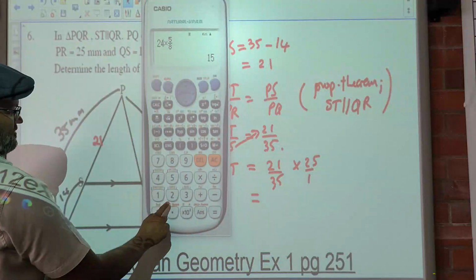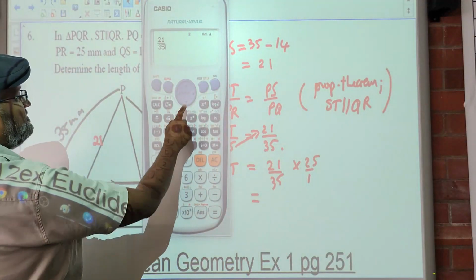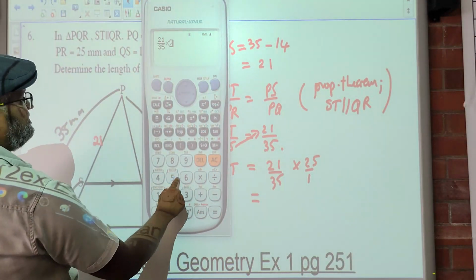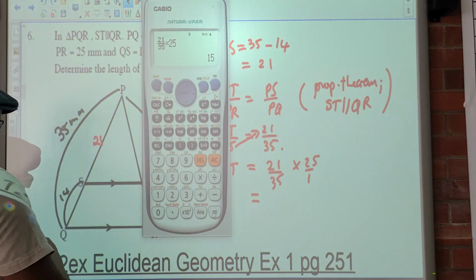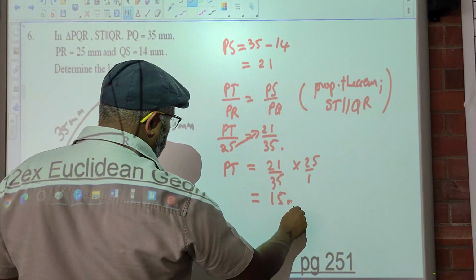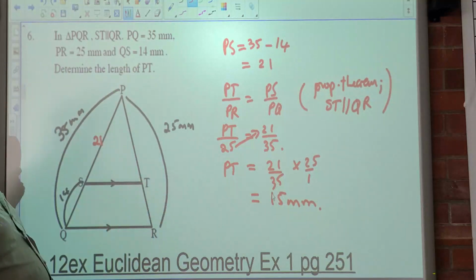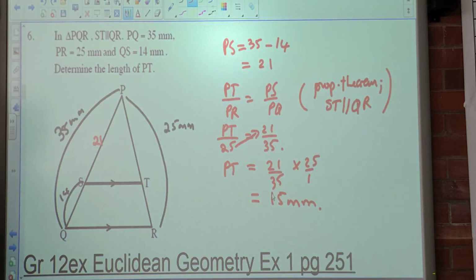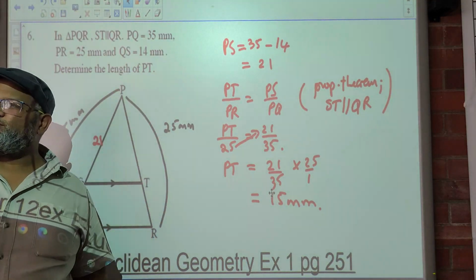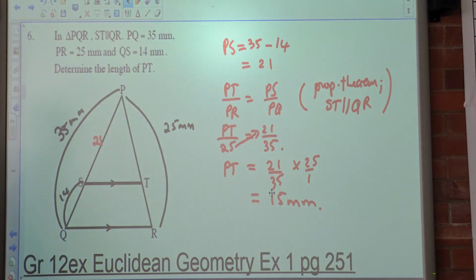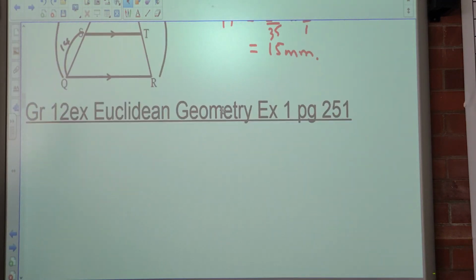That would simply give us 21 over 35 multiplied by 25, which is an answer of 15 millimeters. So have I answered the question? Yes. Okay. Any confusion there? Alright. Let's carry on.